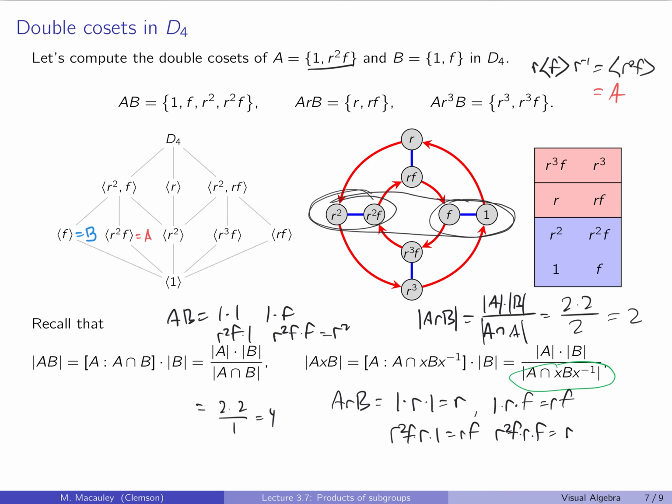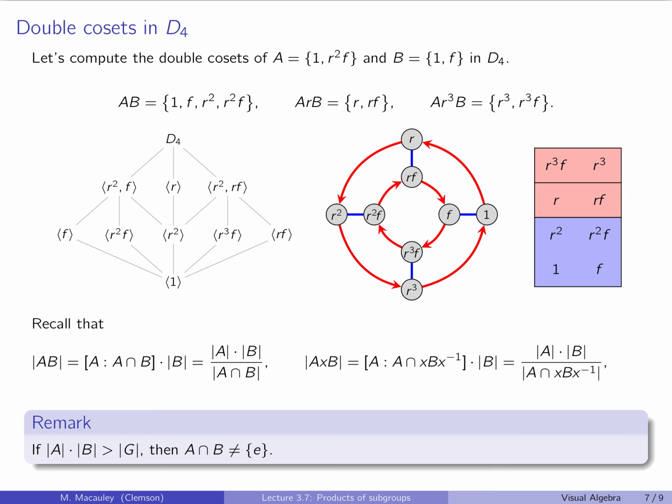Let's check. r squared f r f is r. So here is the next double coset, and then I won't do it, but you can check that the last double coset is going to be just this single coset.